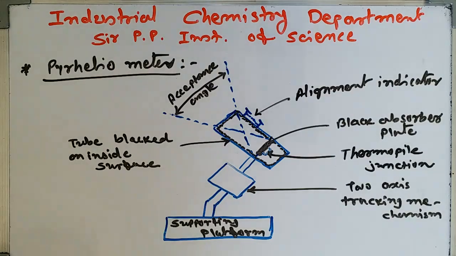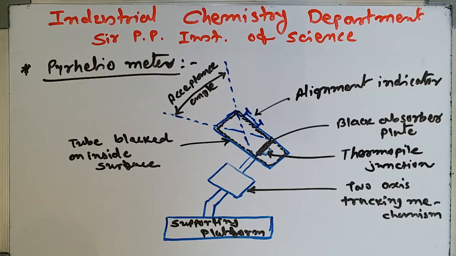When beam radiation falls, the black absorber plate absorbs the radiation. The black absorber plate is located at the base of the tube, and the tube is aligned along the direction of the sun rays with the help of the two axis tracking mechanism and the alignment indicator.